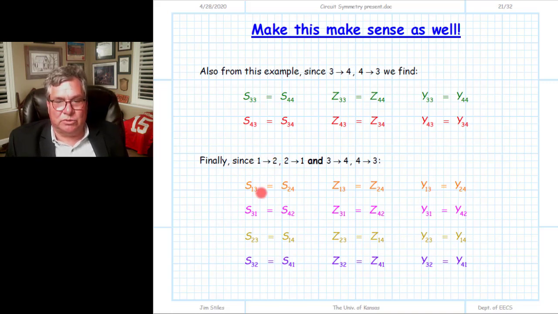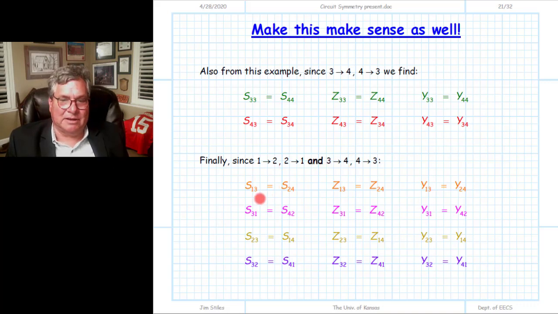1 goes to 2. So this S31, this one goes to 2, but also 3 goes to 4 in that permutation, and so this 3 has to go to 4. In other words, S13 is equal to S24. You can't rotate port 1 to port 2 without also rotating port 3 to port 4.